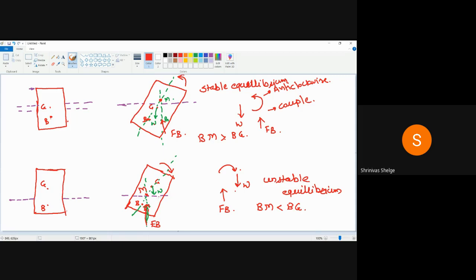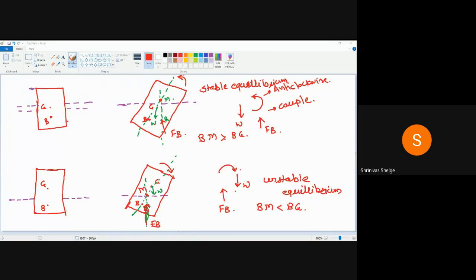It does not try to return to its original position. Therefore, this condition is nothing but the unstable equilibrium condition. Clear? So we have seen two conditions: stable equilibrium condition and unstable equilibrium condition. Is it clear? Yes, sir, clear.